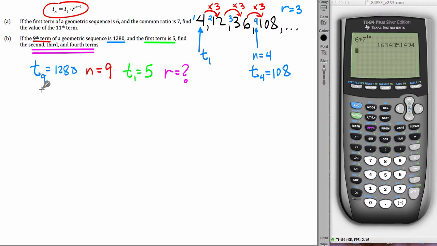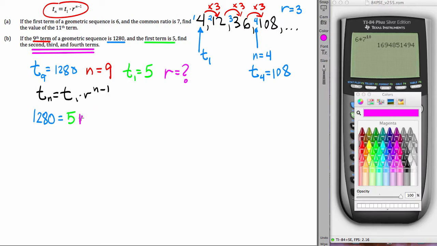So here's the formula. T sub n equals T1 times r to the n minus 1. Let's fill some information in. T sub n, that's T9, is going to be 1280. That's going to be equal to T1, that was the 5, times r.